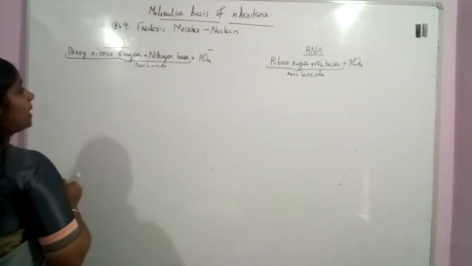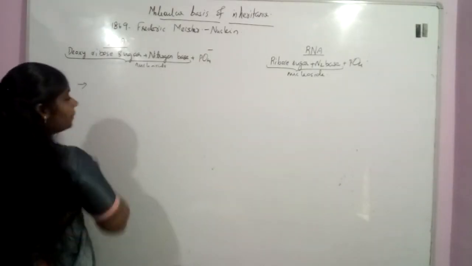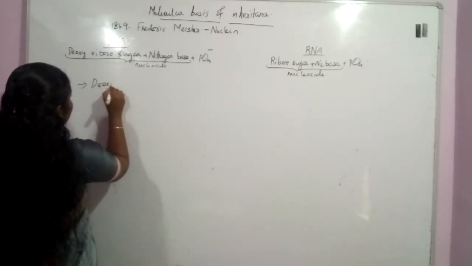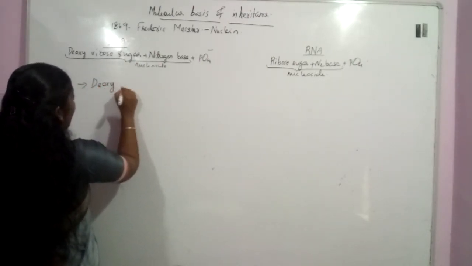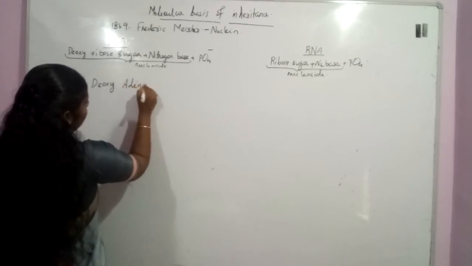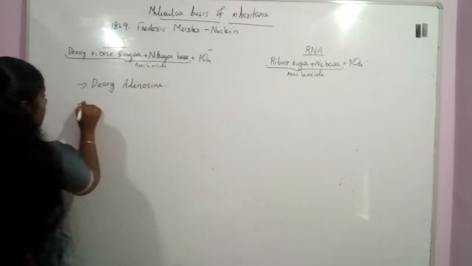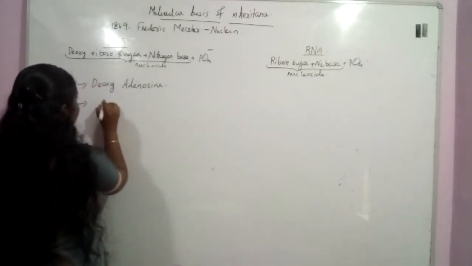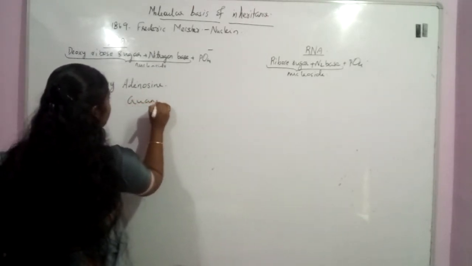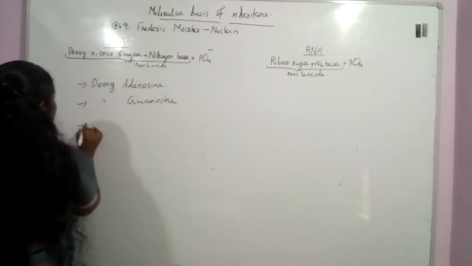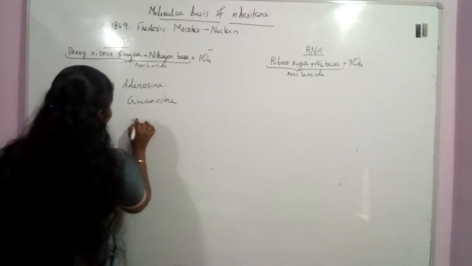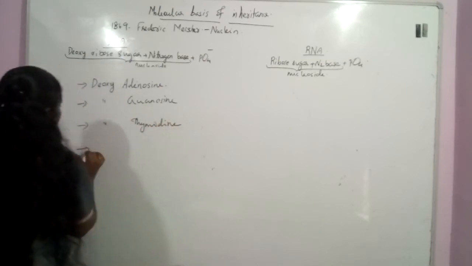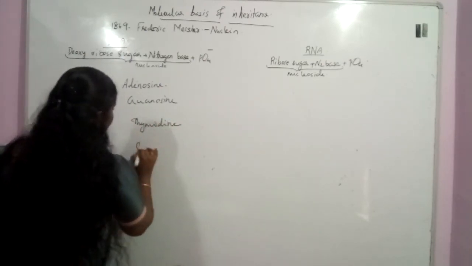The nucleoside present in DNA, that is deoxyadenosine. The next one is deoxyguanosine. Next one is deoxythymidine. Next one is deoxycytidine.